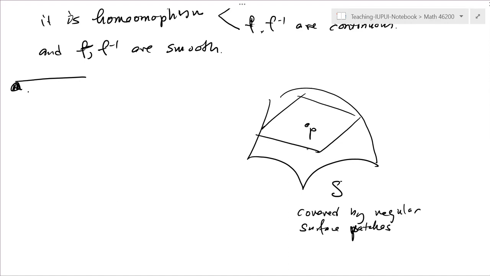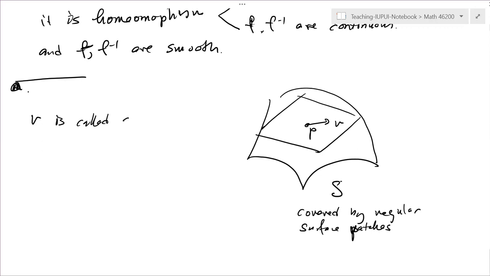So this is point P. How do you define the tangent vector? A definition here.